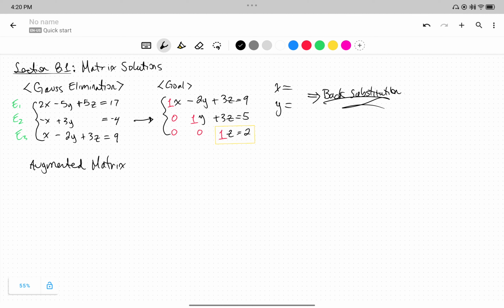So if we just keep the numbers from the previous example, it's going to be 2, negative 5, 5, and wherever you see the equals, we typically write a little bar there. 17, negative 1, 3, 0, negative 4, 1, negative 2, 3, and 9.